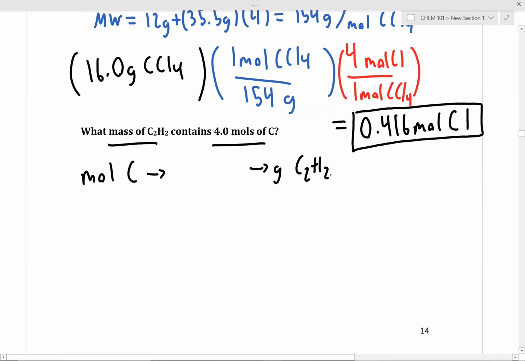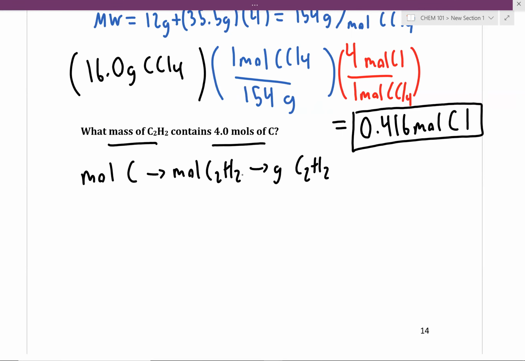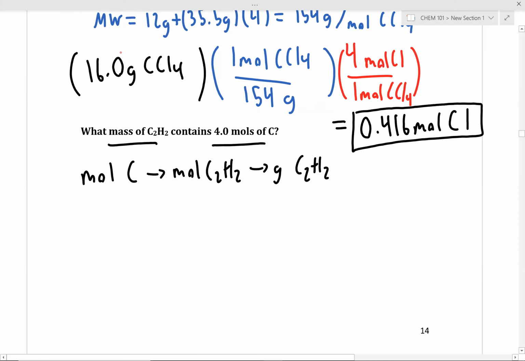My question to all of you is, what is our intermediate unit? To get the grams of acetylene, what do we need to know? Moles. The moles of acetylene that we get from the mole ratio. Now, to get into the details on how we're going to go from moles of carbon to moles of acetylene, one of your classmates astutely pointed out we're going to need the formula ratio.